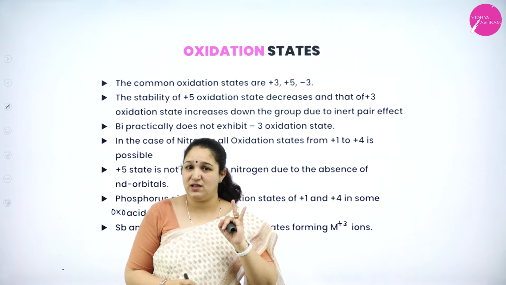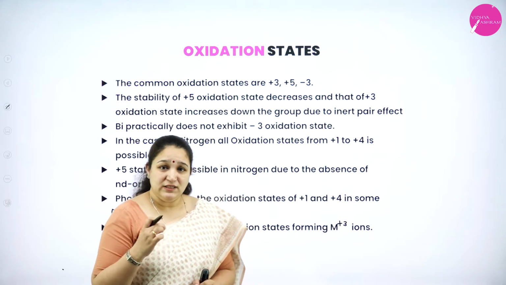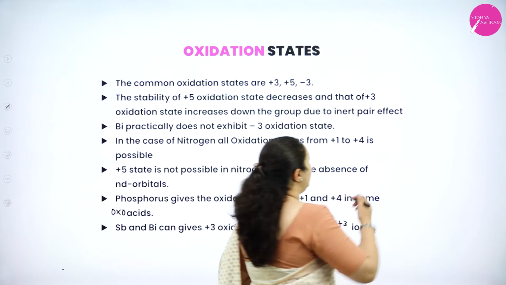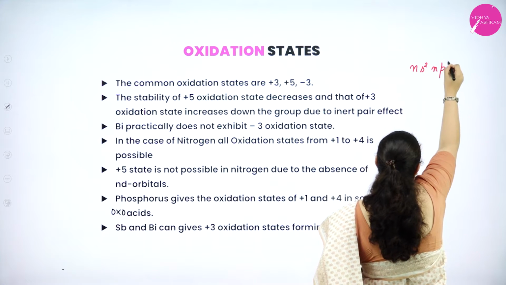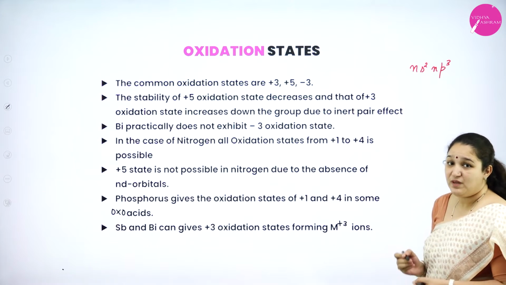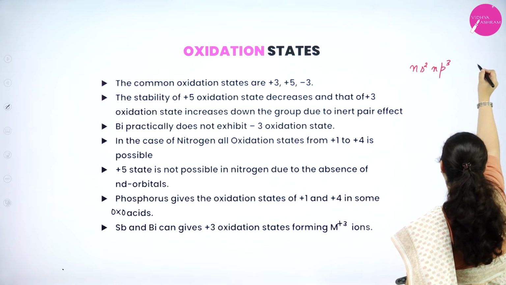It is -3, +3 and +5. Now we know that the valence shell electronic configuration is ns2 np3, correct? So how many valence shell electrons are there? 3 plus 2, 5.